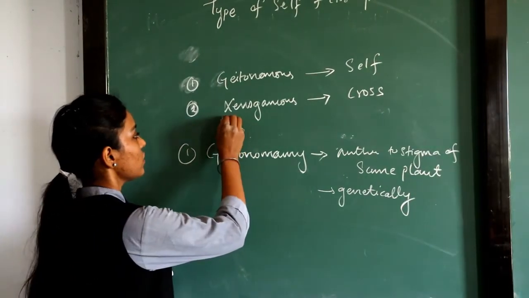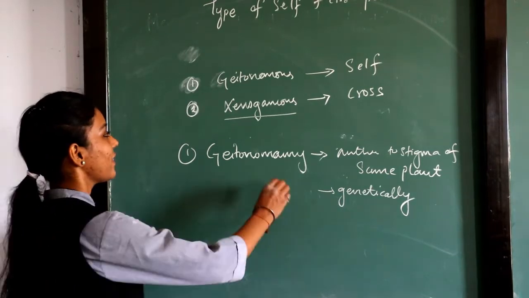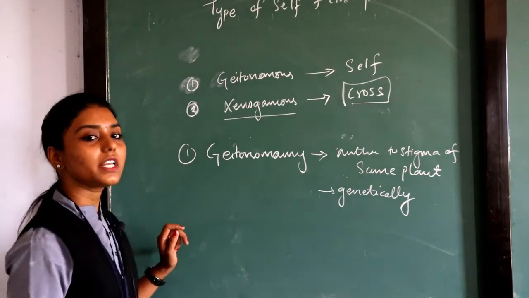Next is xenogamous or xenogamy. Now xenogamy is a type of cross pollination.